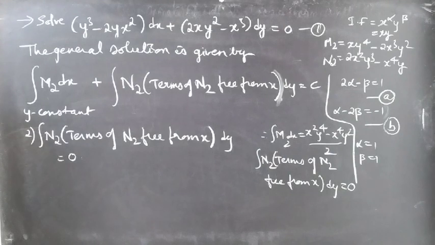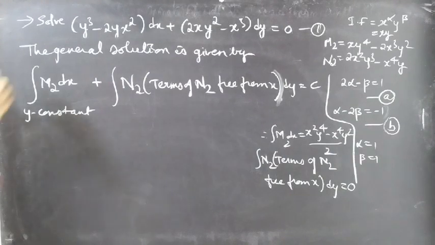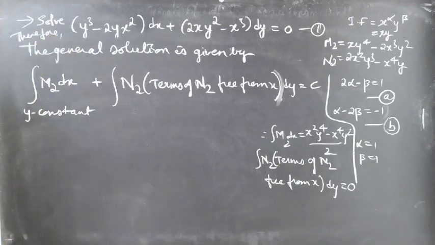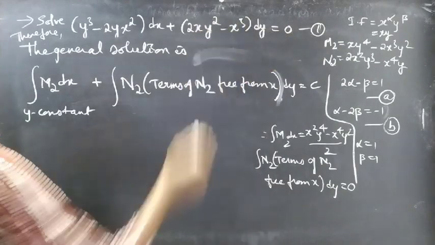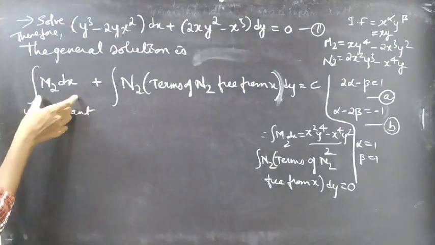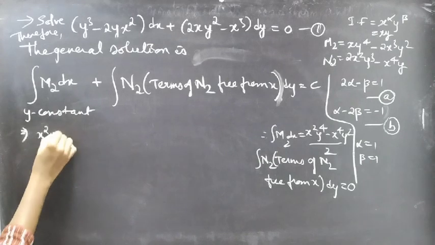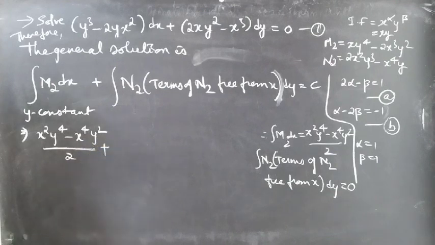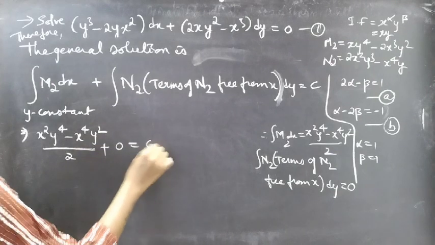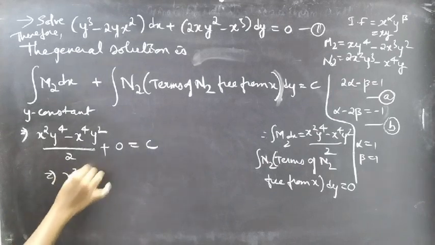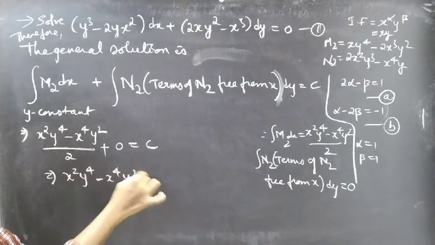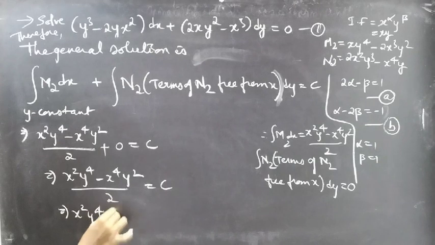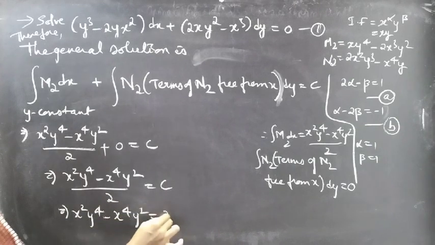Now coming to the general solution. Therefore, the general solution is result obtained from the first integral, x square y power 4 minus x power 4 y square by 2, plus result obtained from the second term, which is 0, equal to c, or we can write this as x square y power 4 minus x power 4 y square by 2 equal to c, or x square y power 4 minus x power 4 y square equal to 2c.